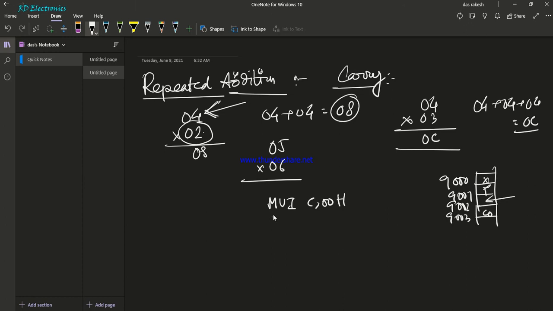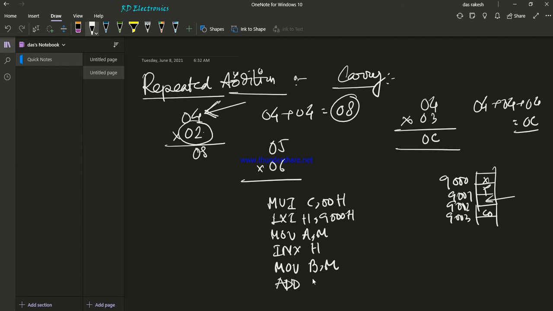Okay, so now first LXI H 9000, so the HL pair content is x. Now move this number into the accumulator, and then INX H is performed, and after this move this number into the B register, and then the addition operation is performed.